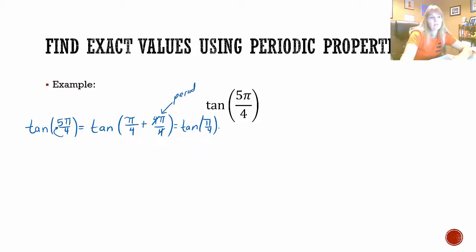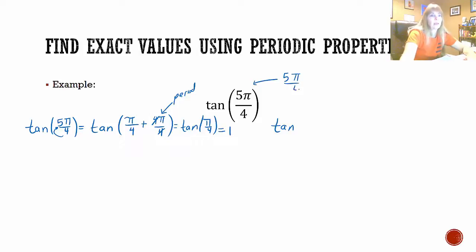And we find the tangent of pi over 4, which if you remember is the square root of 2 over 2 divided by square root of 2 over 2, which was 1. Okay, once again, if you don't like that way, this is another way. Turn this into degrees.